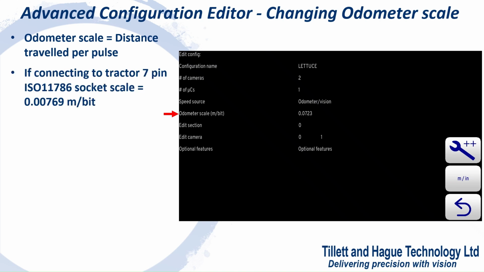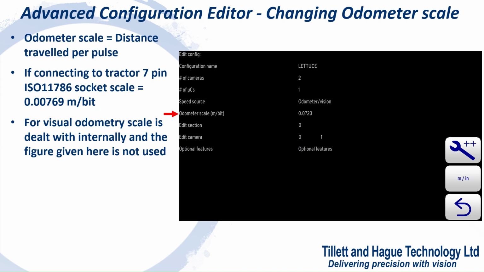If you are connected to the tractor's 7-pin ISO 11786 socket, the odometer scale should be set to 0.00769 meters per bit. If you are set up to use visual odometry, you do not need to set this number as it is dealt with internally and will ignore any number given here.